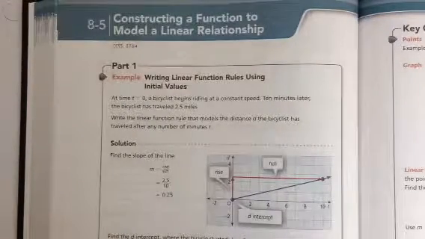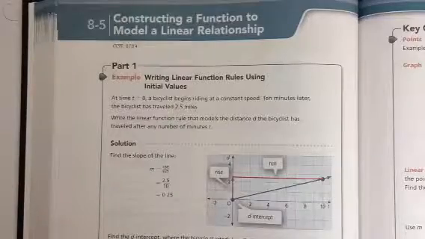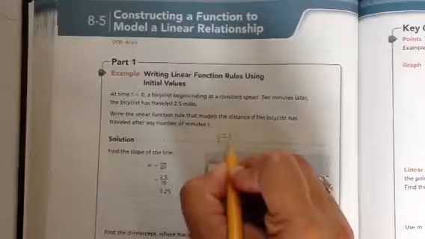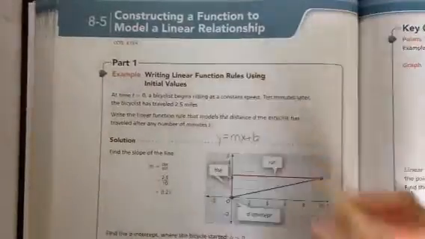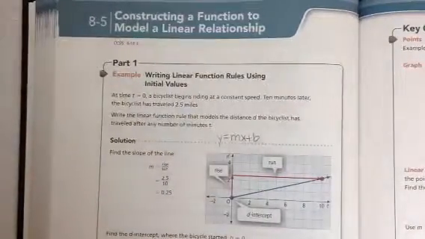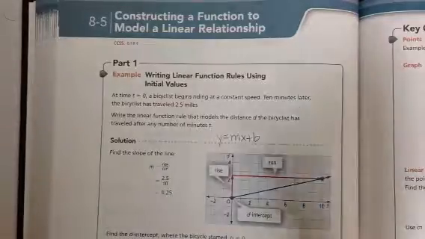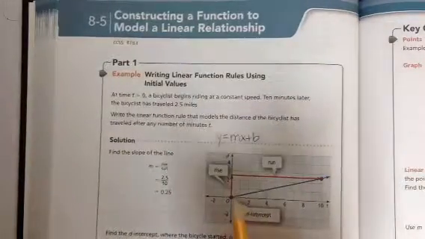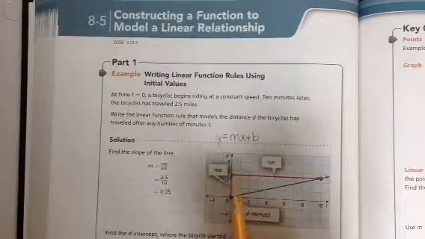Alright, so first, in order to write a function rule in the form y equals mx plus b, we have to figure out what the y-intercept is and what the slope is. So the first thing we're going to do is figure out what the slope is, the rise over run.